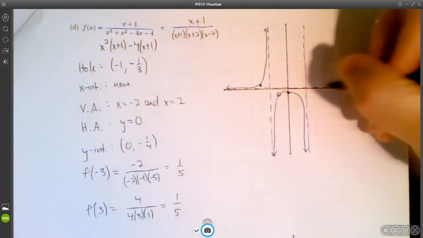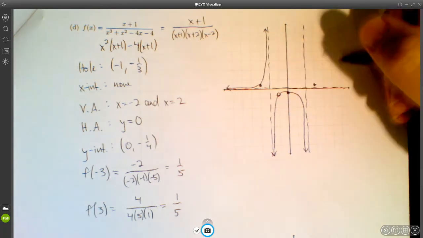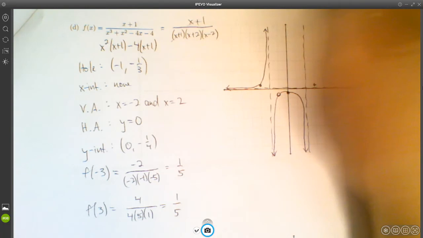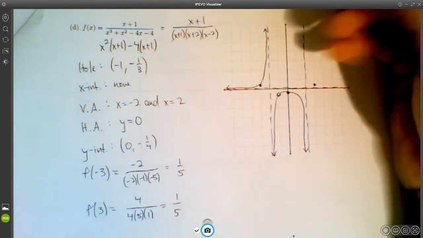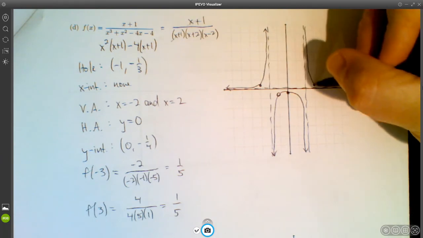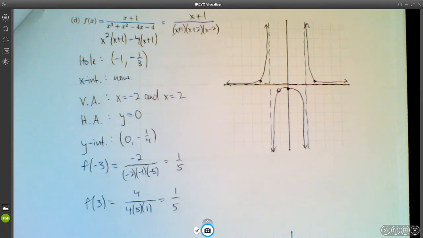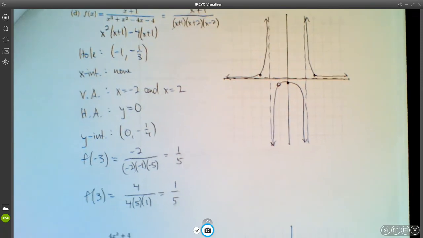Very interesting. I think there's some symmetry going on here. Once you cancel this off, you've definitely got some interesting symmetry. So that must look like that. I'm not going to check it in Desmos. You're welcome to check it on your own, but I think that's how that one would look for sure.